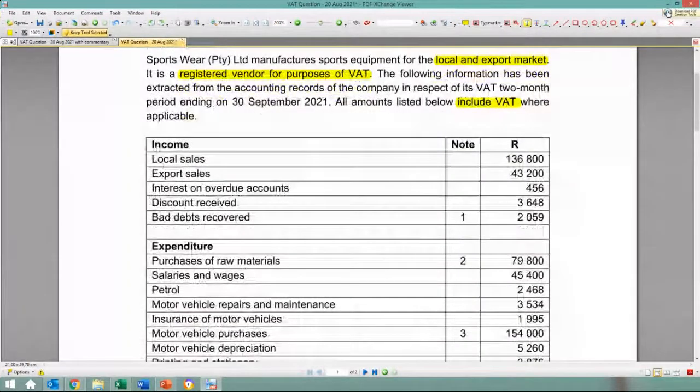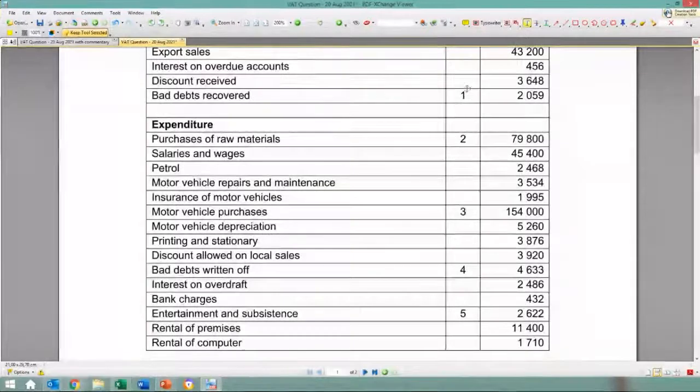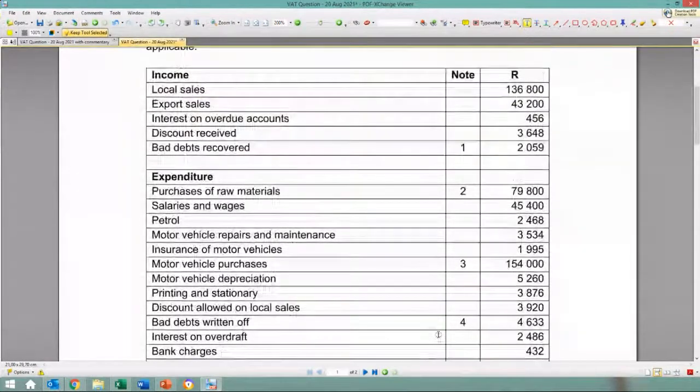Then you'll see they've listed income, they've listed expenditure, and then there are certain items that have notes. If there is additional information, it means you have to go look at that additional information to determine what type of supply it is.